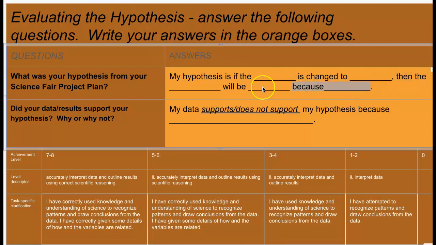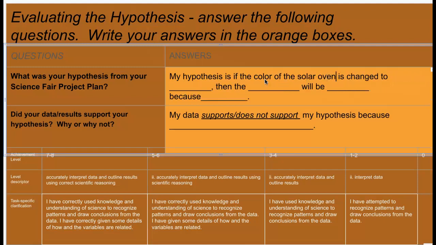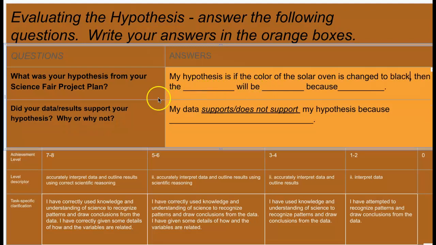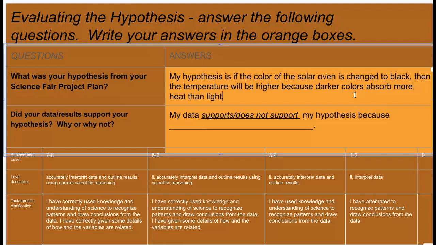So for my example, my hypothesis is if the color of the solar oven, so that's my IV, is changed to black, then the, and here's my DV, temperature will be higher because, and looking at my hypothesis, this is my reason, because darker colors absorb more heat than lighter colors. Okay, so that was my hypothesis.